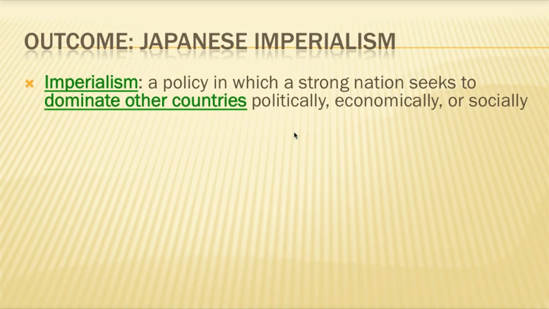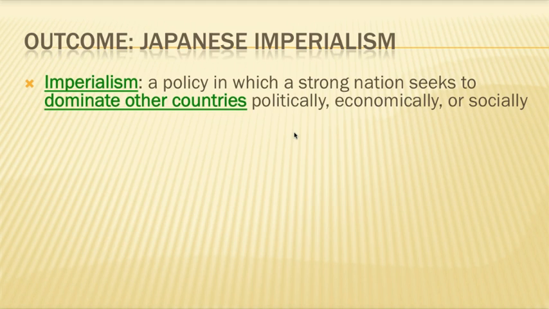So first we better define imperialism. If you're unfamiliar with that word, it's definitely a very regular occurrence in world history, and it's actually a pretty easy idea to understand. Imperialism is a policy in which a strong nation seeks to dominate other countries politically, economically, or socially.